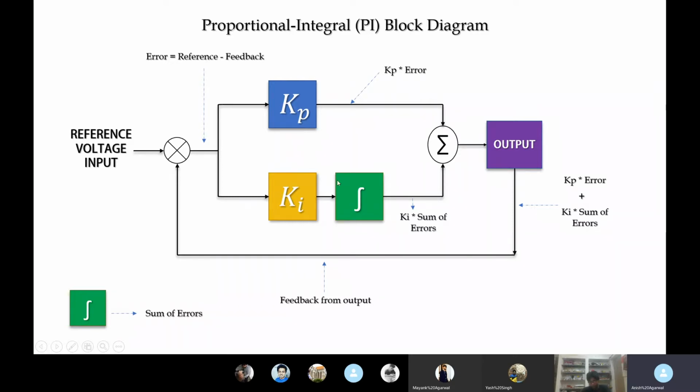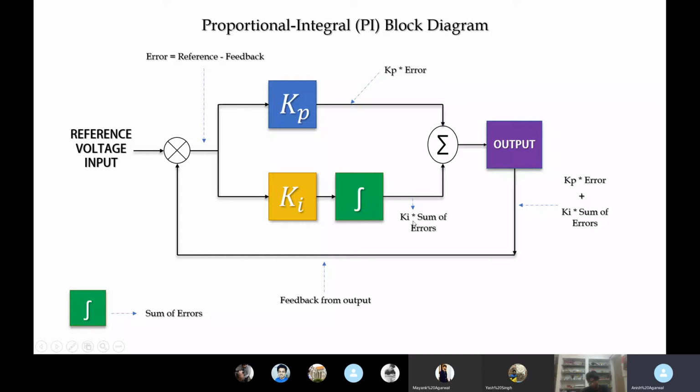The only difference from Kp is that we are adding the error for each cycle of the block diagram. For every cycle, the error gets added up and then multiplied by Ki. So here we have Ki times the sum of errors.